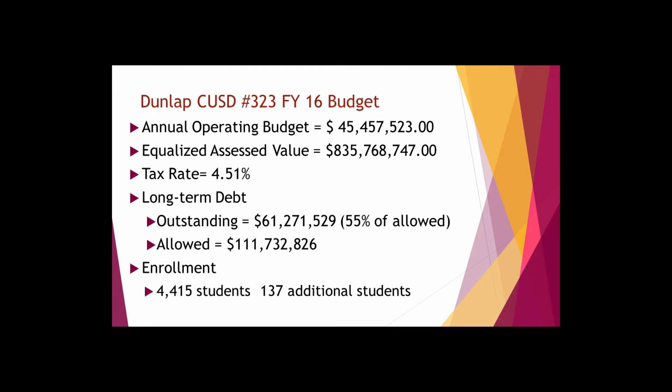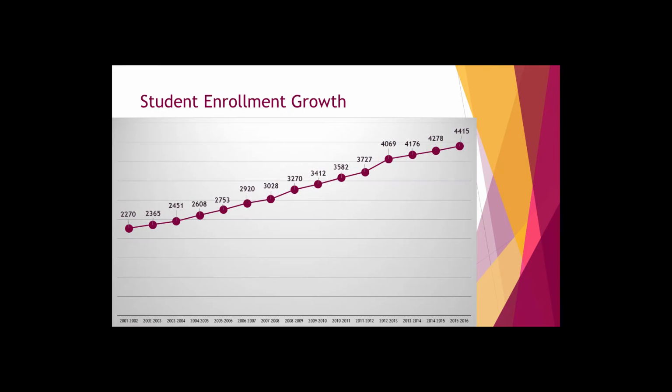Our long-term debt outstanding is a little over $61 million, which is 55% of what we are allowed by state statute to bond. And our enrollment for this year is 4,415 students, which is 137 students more than we had last year. So we are continuing to grow and expand.